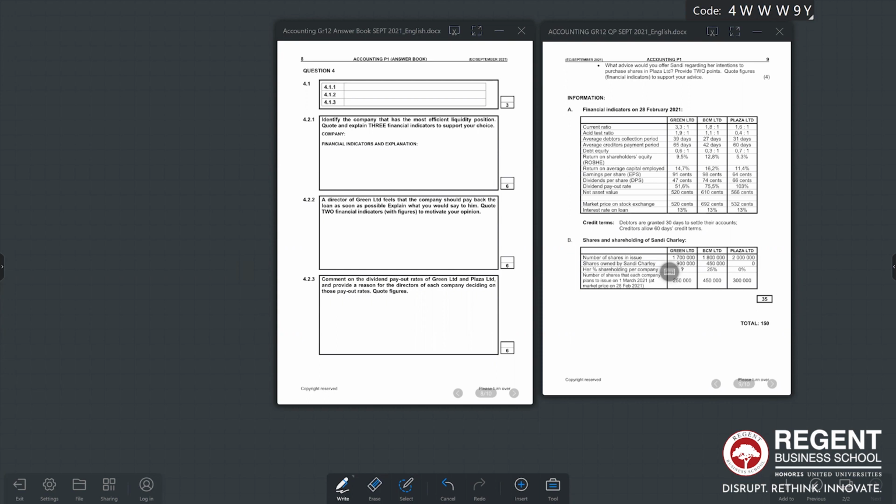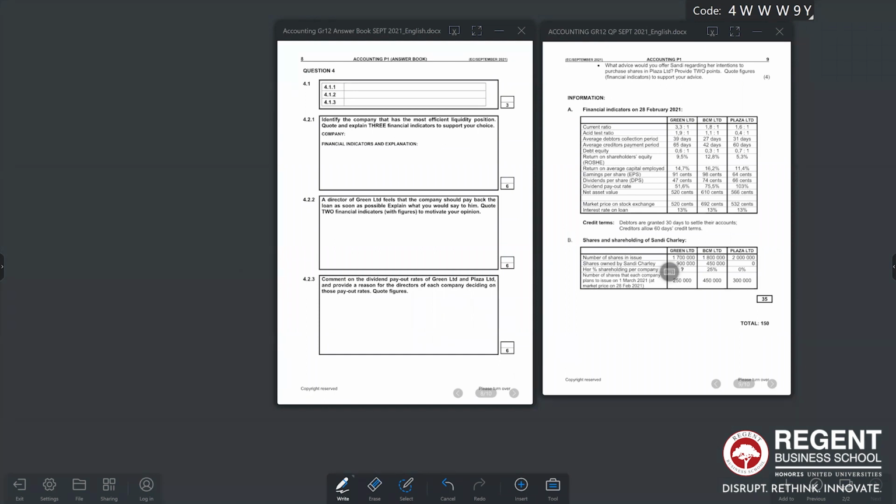So what you need to do is take 47 cents and put it over 91 cents times 100 over 1. 47 over 91 times 100 over 1, and it will give you a percentage. That should be just slightly less than 50%.